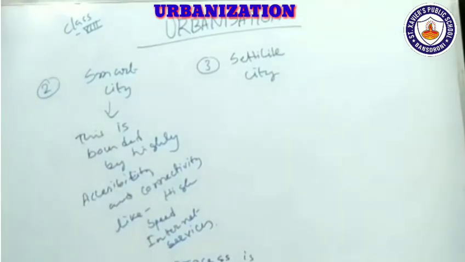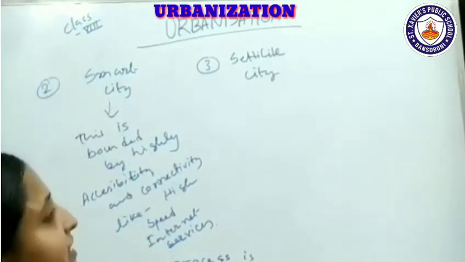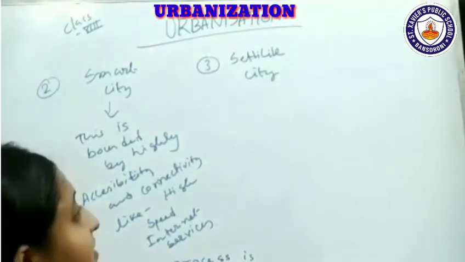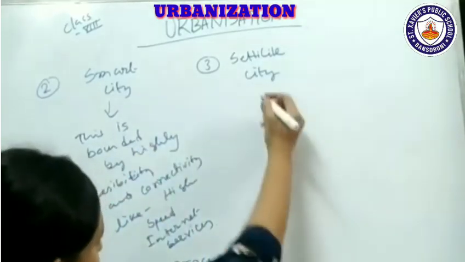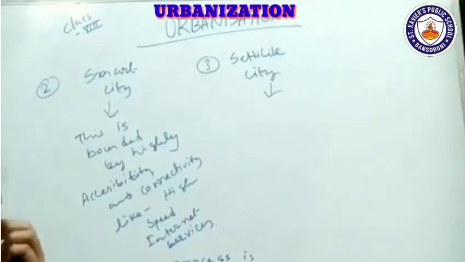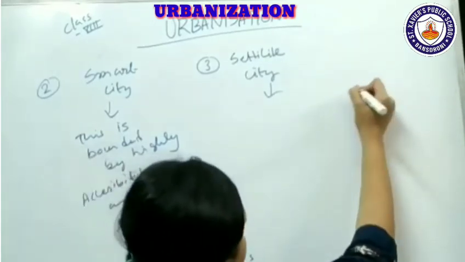If you consider India, the Indian government has launched a few smart cities in Pune, Hyderabad. These cities are all smart cities. And what about the satellite city? In this case, the whole city is not situated in the particular metropolitan area. I will make a short drawing. It helps to understand. Okay.